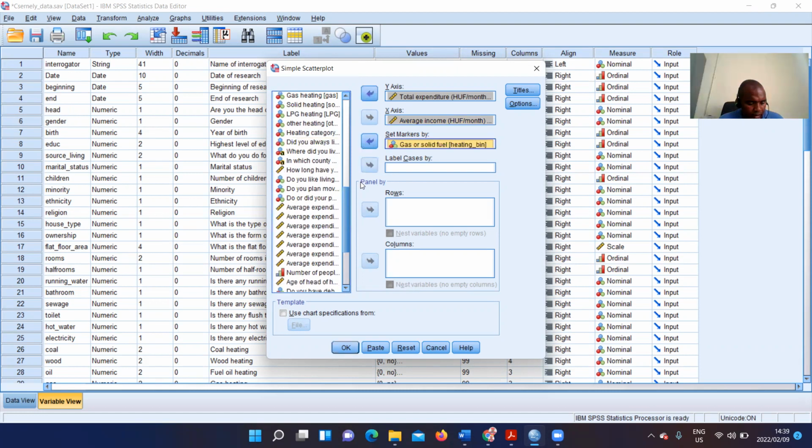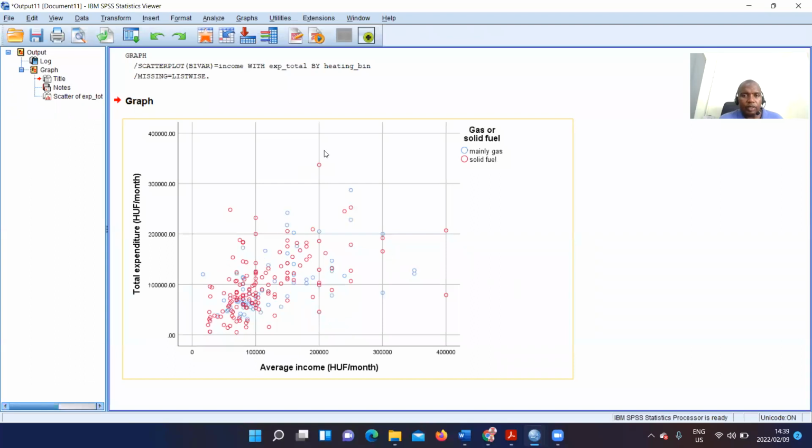And then label cases by, we just leave that at default, and then we click OK. So we have a scatter plot, as you can see, where we are mapping total expenditure against average income. And the marker is mainly gas, mainly solid fuel.